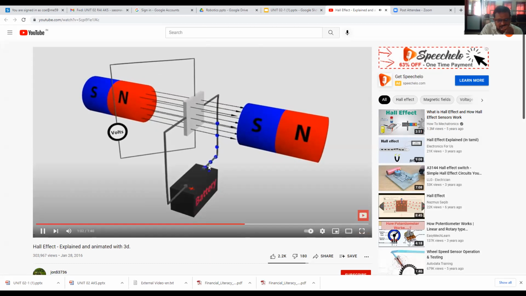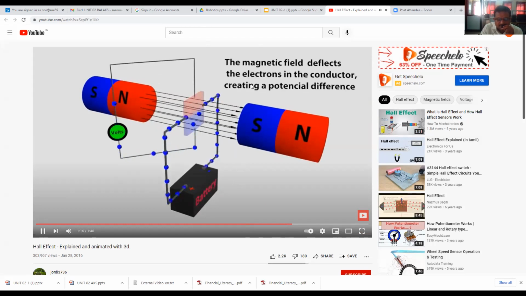See that here voltage is given from this battery, so current is supplied from this battery, and the magnetic field deflects the electrons in the conductor, creating a potential difference. Here you will get the value of the voltage. This current will cut the magnetic flux generated by this magnet.